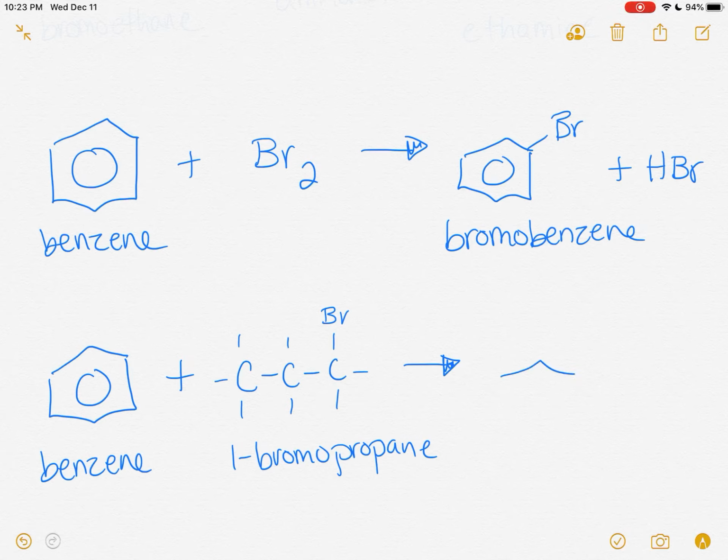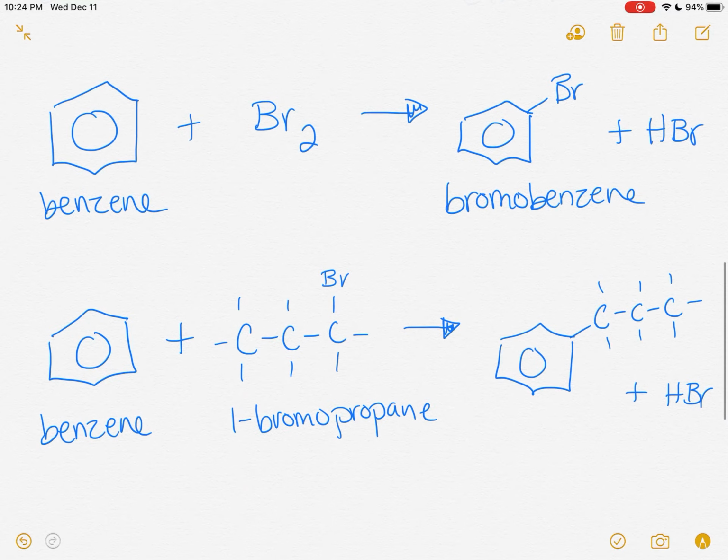Okay. On the benzene ring, we're going to have the alkyl chain take the place of a hydrogen. So it will be a 3-carbon chain that we substituted onto our benzene ring. And then we'll be left with HBr. And so this will then be propylbenzene.